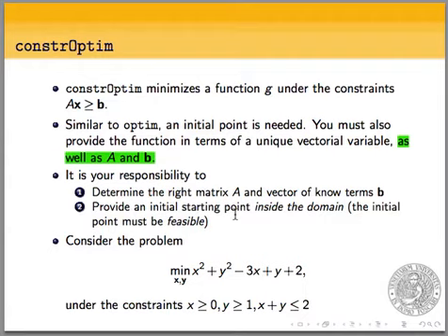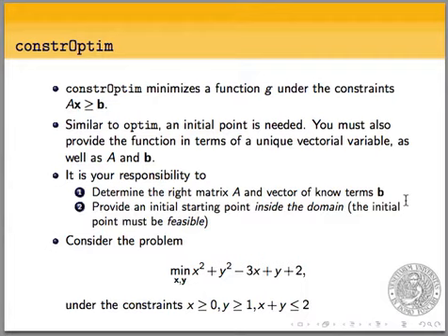Let me stress a couple of very important things. So you are responsible to find the right matrix A and the vector of known terms B, and this is exactly what we have done before in a couple of examples. And moreover, there is another requirement for constrOptim.